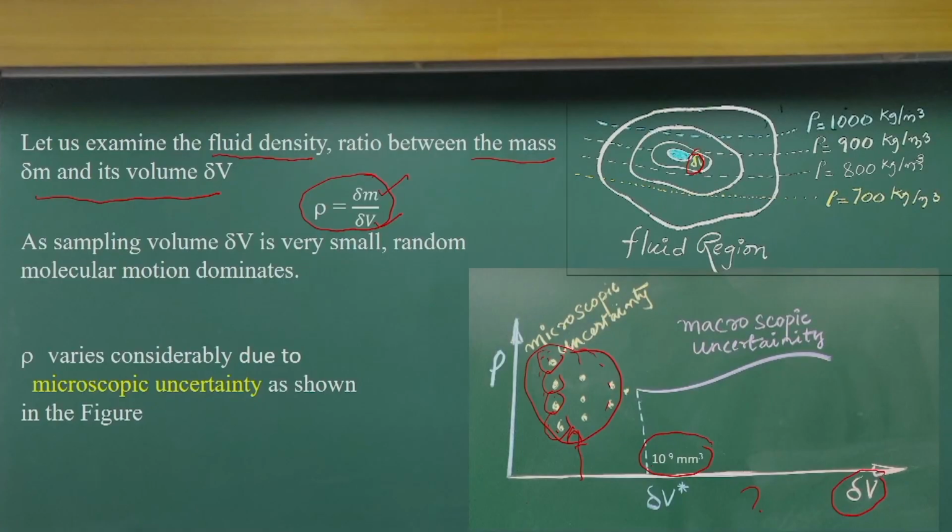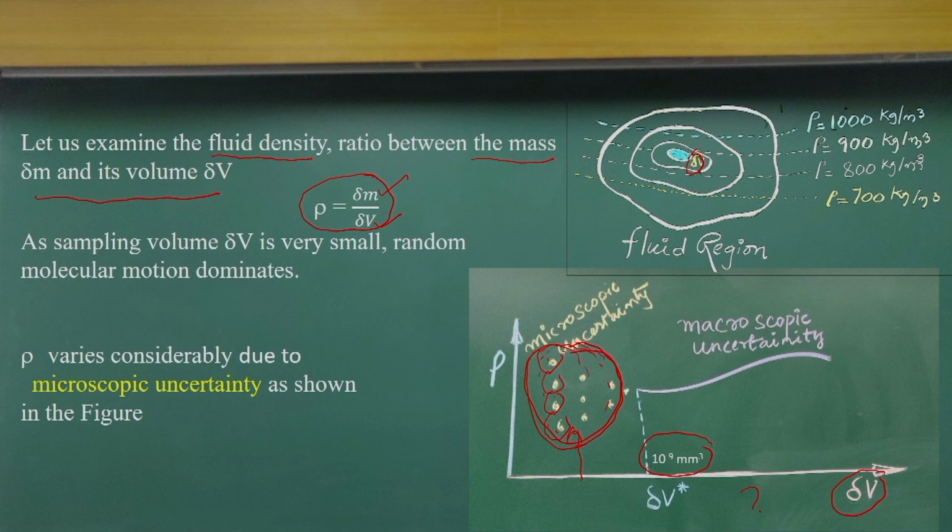As molecules come in and go out, the random motion gives a lot of variation in the density value, since the number of molecules coming in and going out are not balancing each other.